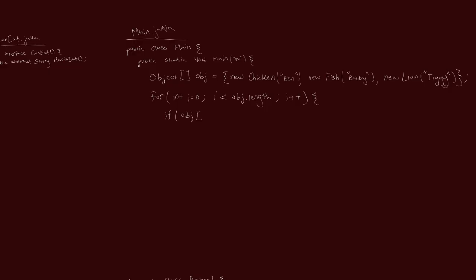If one of these objects, the object i, is an instance of the can eat interface, then we're gonna print out these methods.